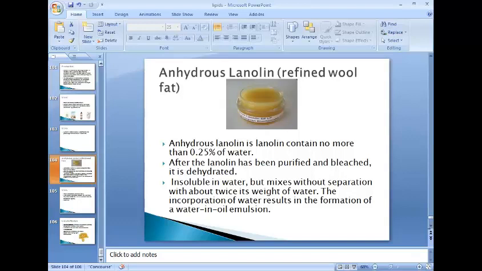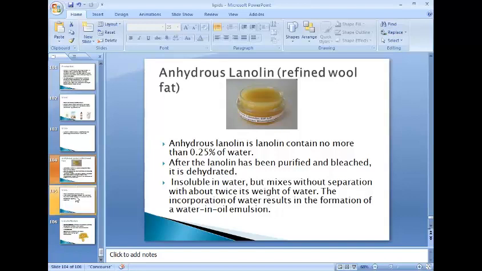So it also has a wide application, especially from a therapeutic point of view. It is insoluble in water but can be mixed without separation with twice its weight of water. The incorporation of water results in the formation of a water-in-oil emulsion.